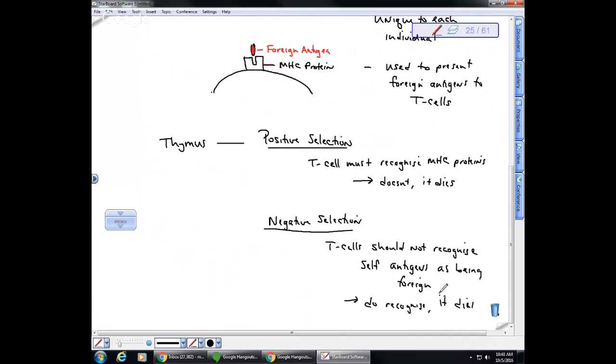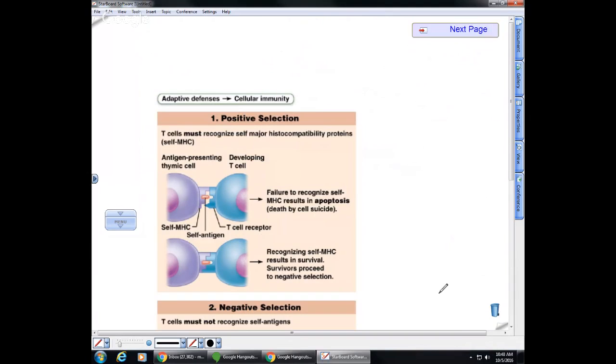So in your book, they have a picture of this. This is showing the MHC protein, and this is a T cell that fails to identify. Recognizing it is like being able to latch onto it like a lock and a key.